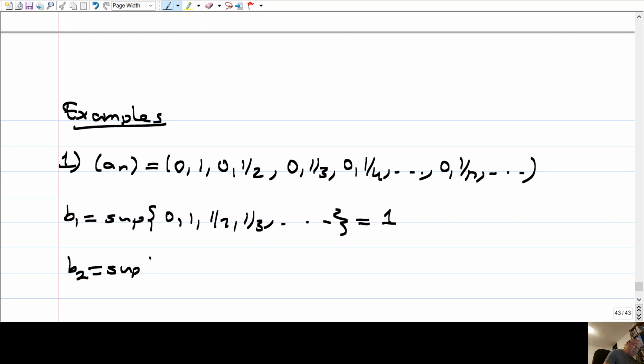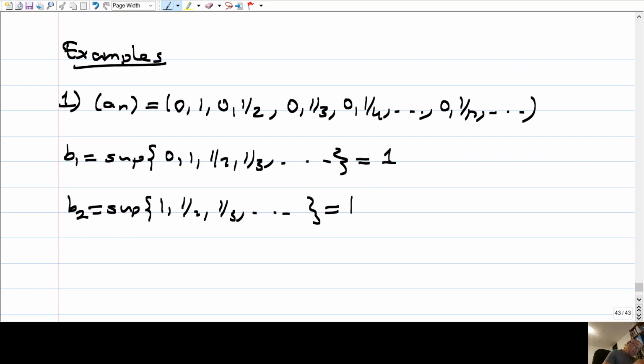It is the supremum of 1, 1 over 2, 1 over 3, and so on. It is still 1. B3 will be the supremum of, sorry, I'll start from 1 over 2, 1 over 3, and so on. So it is 1 over 2.